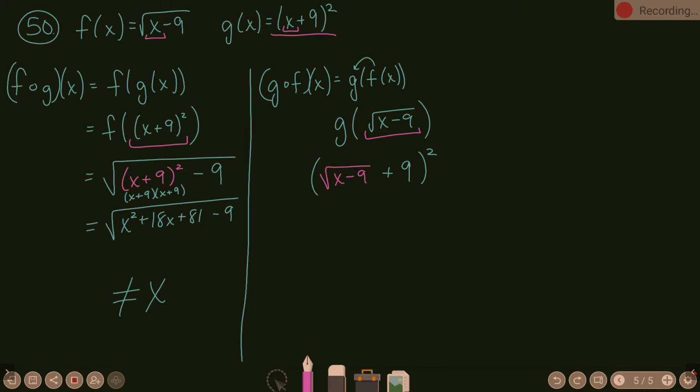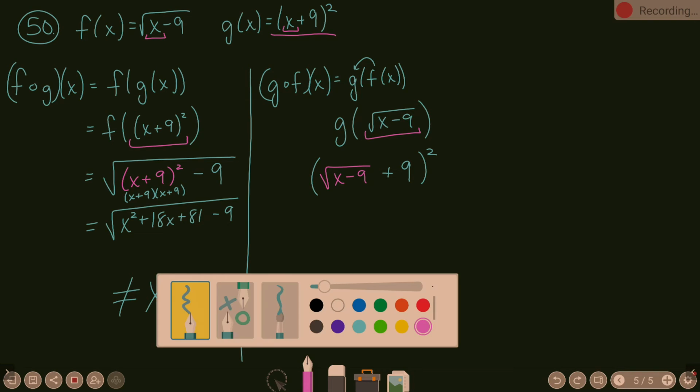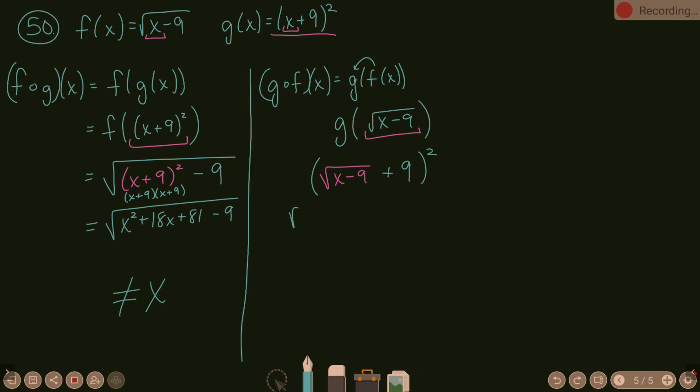Officially, you would have to FOIL this out to see what happens. If you FOIL it out, you're not going to be able to get down to x. It doesn't look like I wrote this part on the answer key, but you would have to FOIL that. Square root of x minus 9 times square root of x minus 9 is x minus 9.